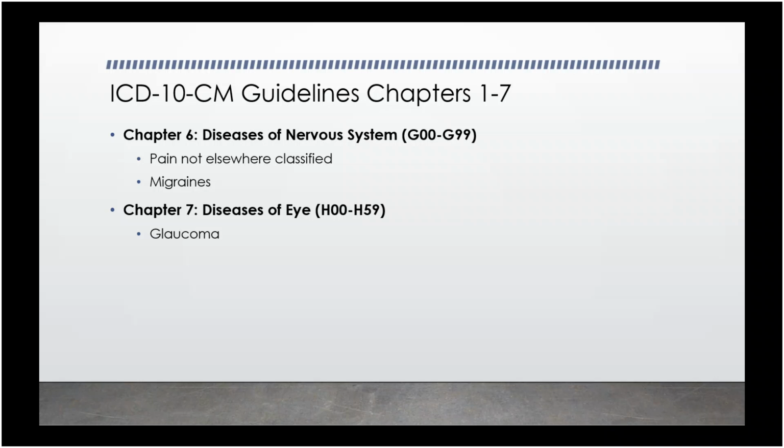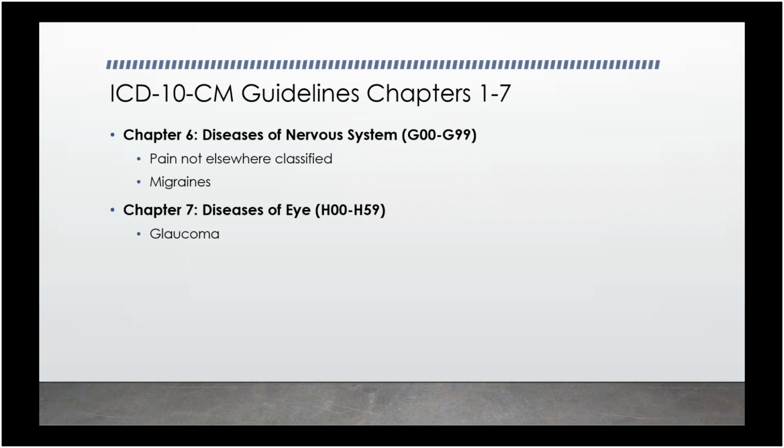Just pay close attention in your documentation on your example, your coding scenario. What are they saying? So these are pain not elsewhere classified, can be identified as acute. So we can add those G codes along with the other condition.